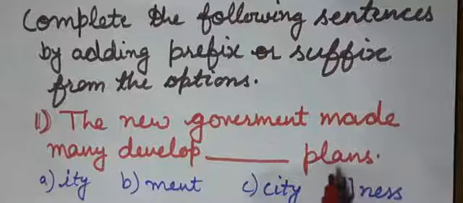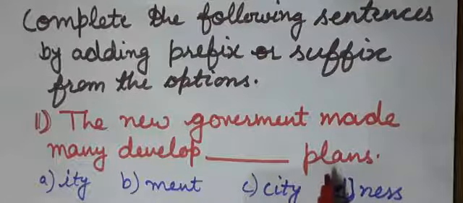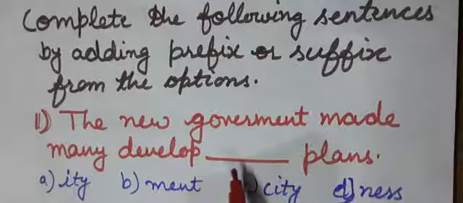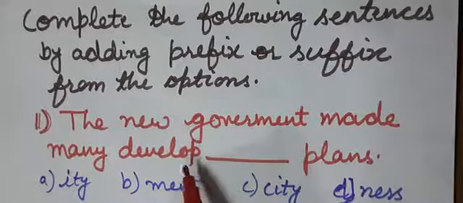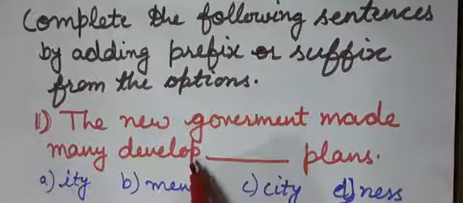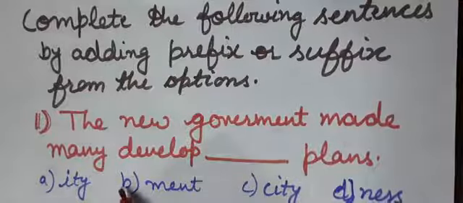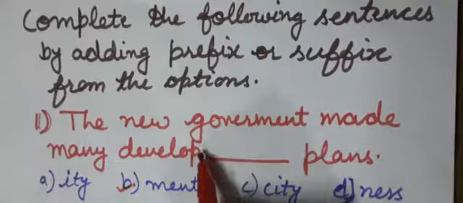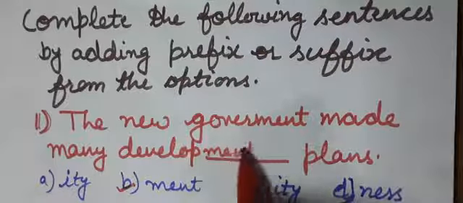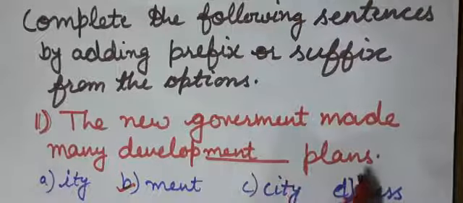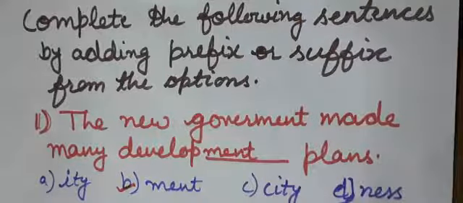So here you have to add the group of letters after the root word. That means it's a suffix, and we will add ment. Development. The new government made many development plans. I hope you understood this first part.